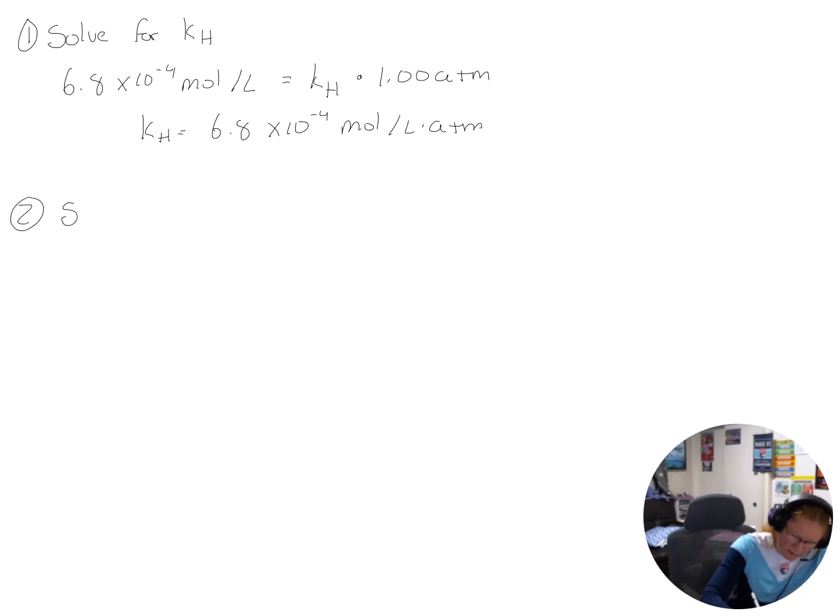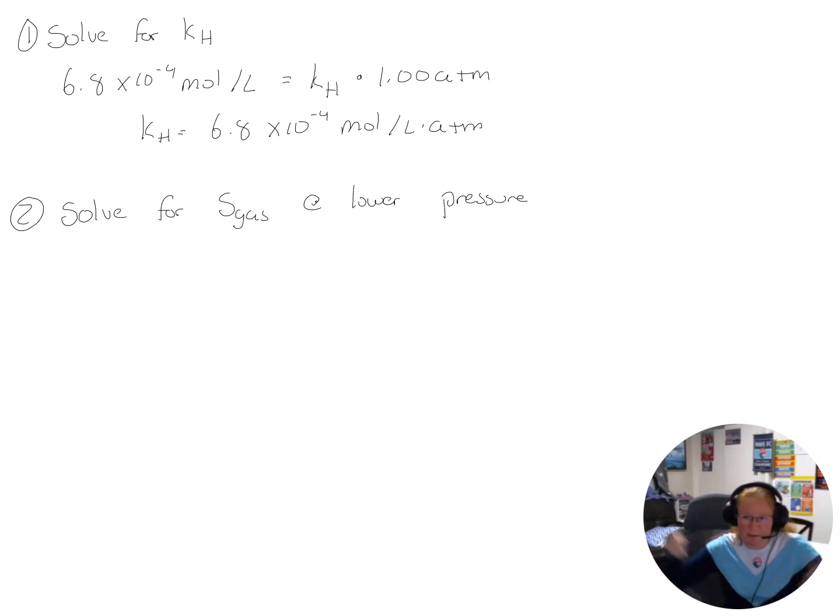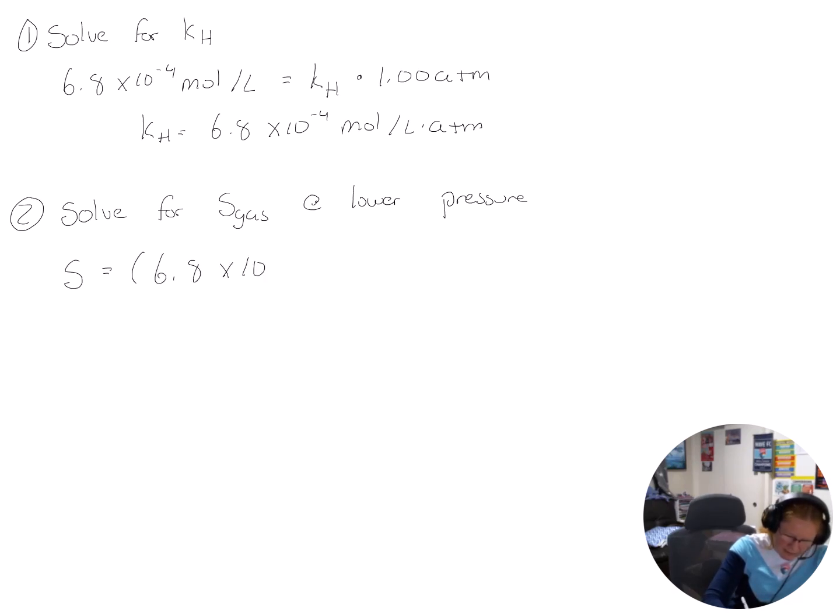And now we can solve at lower pressure, or whatever our new pressure is. Maybe it was higher pressure, but this one's going to be lower pressure. Okay, so our S is our new Henry's law constant, 6.8 times 10 to the negative 4th moles per liter atmosphere, times 0.78 atmospheres.